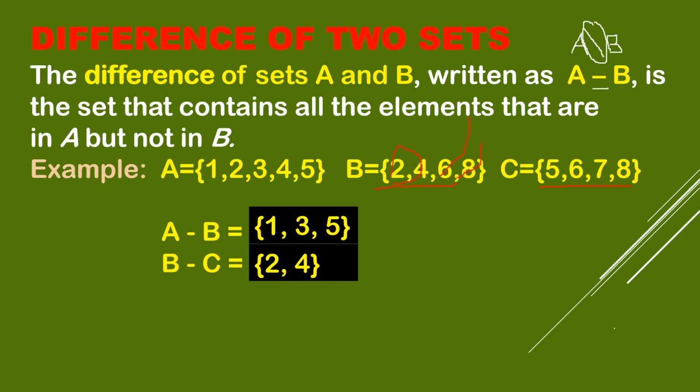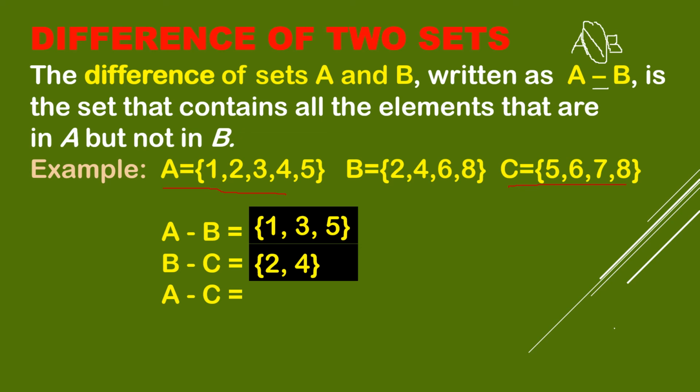Okay, let's erase this first. What about our third example? A minus C. Now let's try to look at the given sets A and C. So, ano yung mga elements ni A at saka ni C?